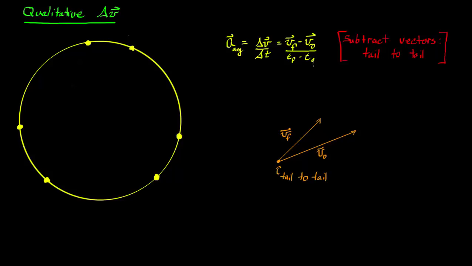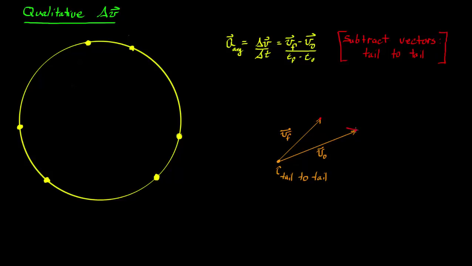So to subtract vectors, remember that we do it tail to tail. So I've already drawn it out. So for an example, if I go from some velocity here to some velocity here, then my change in velocity would be from the initial velocity. So you would start here, and we would just draw a vector over to the other one.